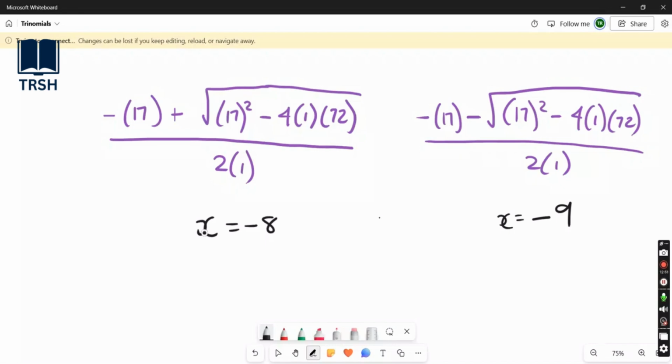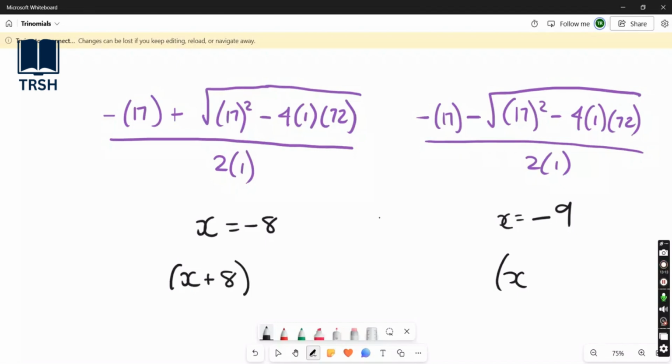That's what we're going to get. But this is not our answer. Our answer is whatever this is, we need to put it back into brackets. So we're going to put our x, and then if the sign is negative, that means in our bracket, it will be positive 8.